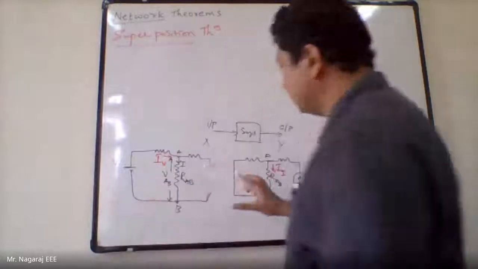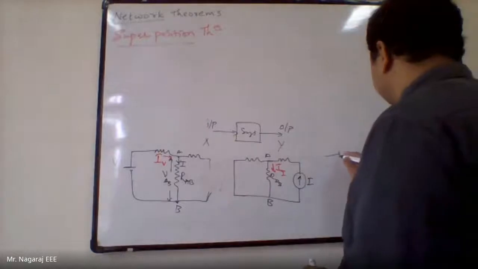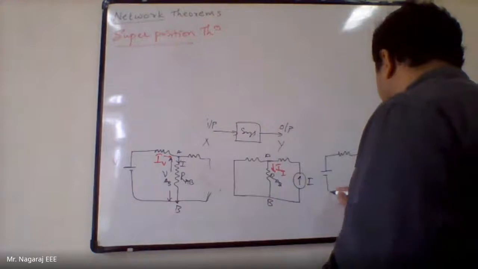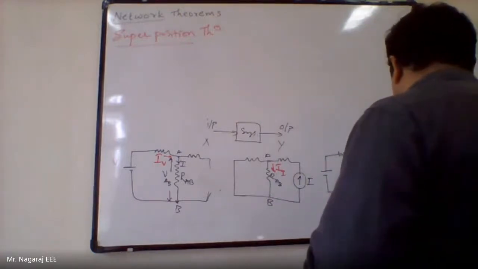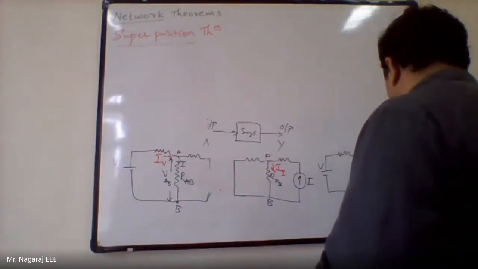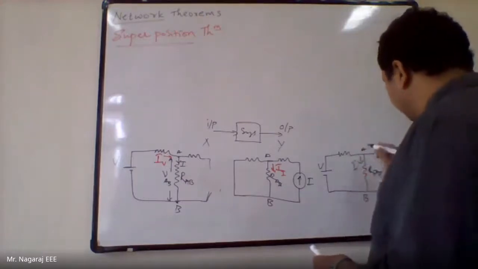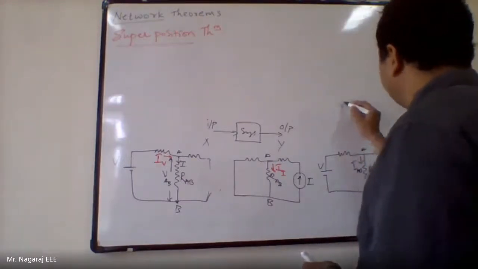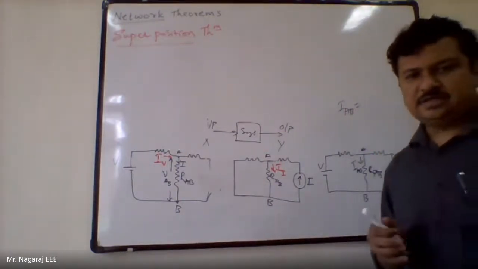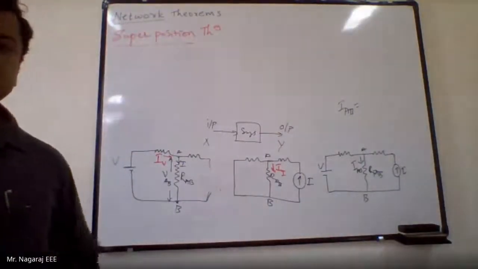Now, when the circuit is with both the sources, the current IAB is equal to the algebraic sum of all the currents due to all sources acting individually.